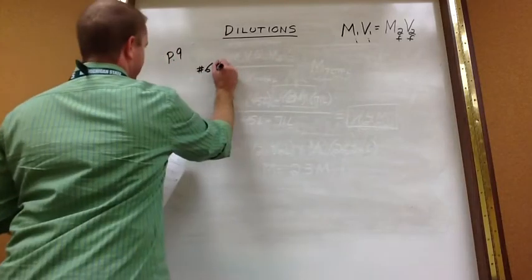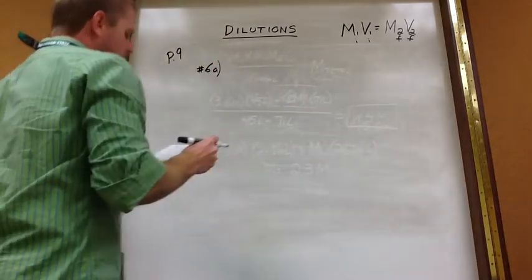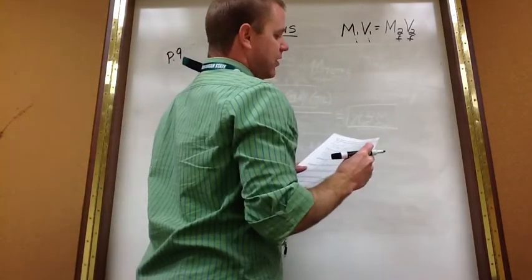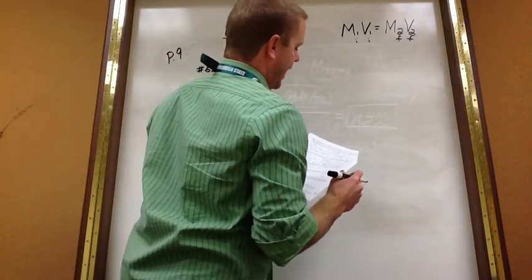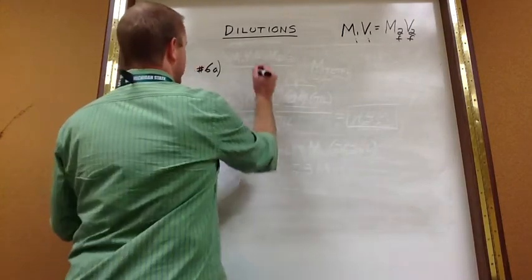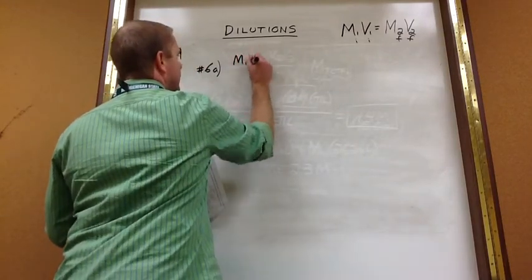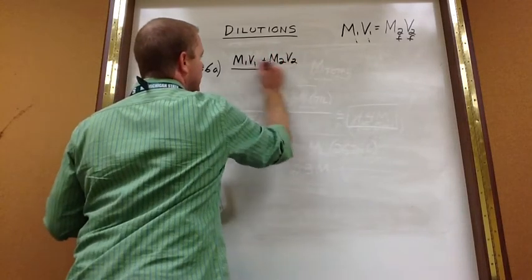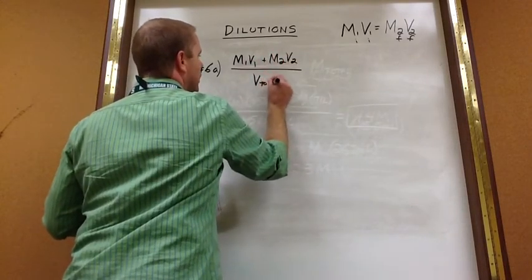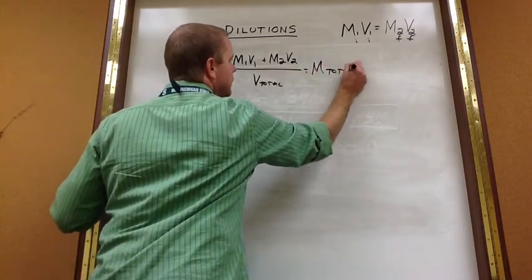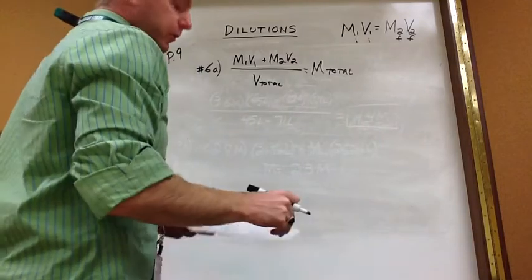And we'll do A. It says, what volume of 2.5 molar KCl must be added to 37 milliliters of 6.0 molar KCl to make the following? So again, this is one of those where you need this M1 V1 plus M2 V2 over the total volume equals the molarity total. Now you just got to plug everything in where it goes.